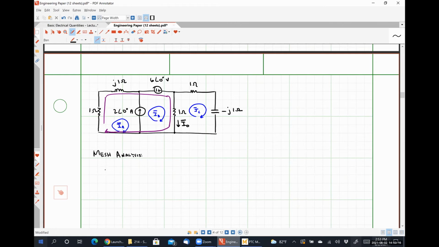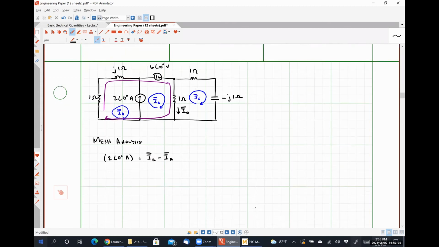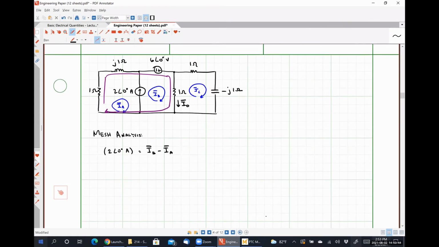In this case, that should look like 2 angle 0 degrees amps equals IB minus IA, because IB is in the same direction as the current source as it flows through that middle branch, and IA is in the opposite direction.